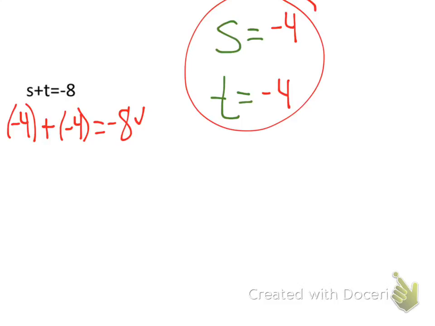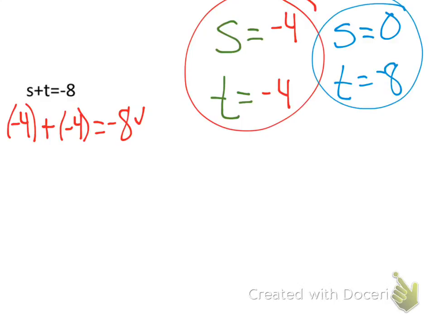Like 10 plus what is 10? 0. So you could use zeros here to your advantage, right? If S is 0, what does T have to be? 8. Wait. Negative 8. Negative 8.